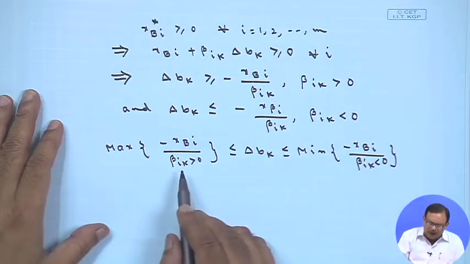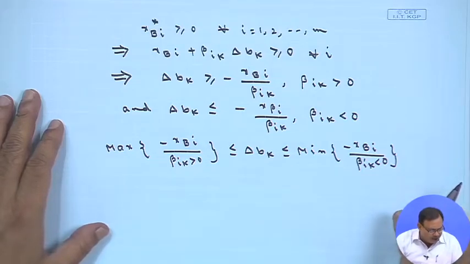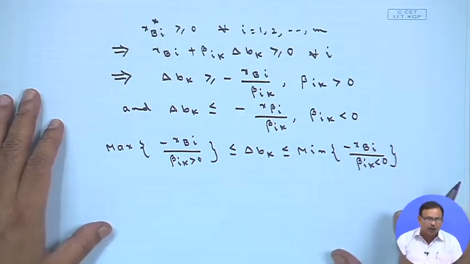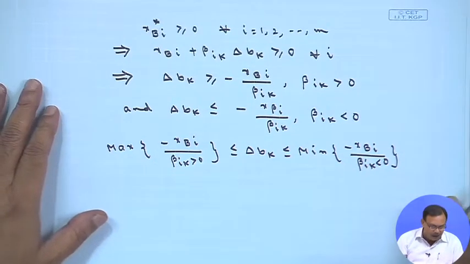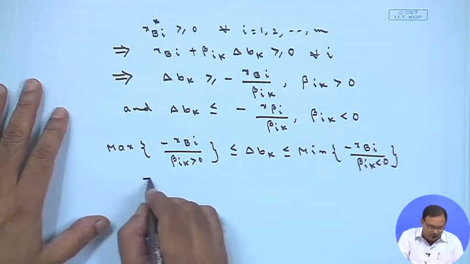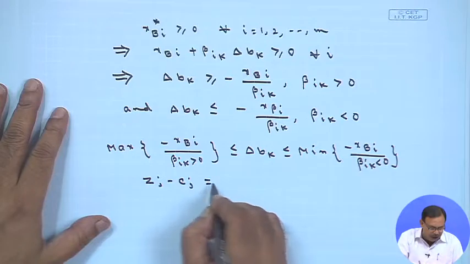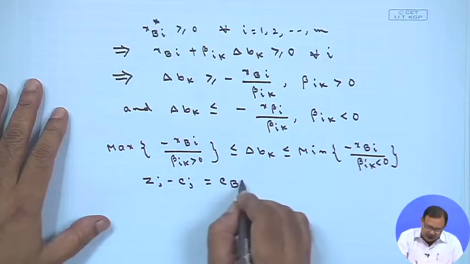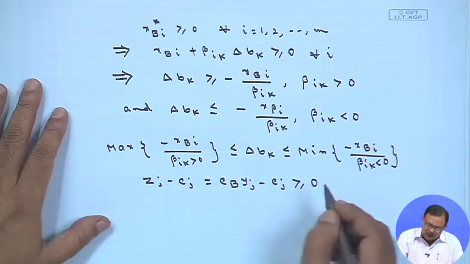Now, it is very easy to see one thing, that for a change in the requirement vector, the new solution will remain optimal, because the optimality condition is independent of b. Your optimality condition is z_j minus c_j, which is c_B y_j minus c_j, which should be greater than or equal to 0.